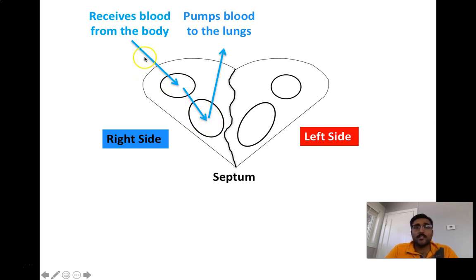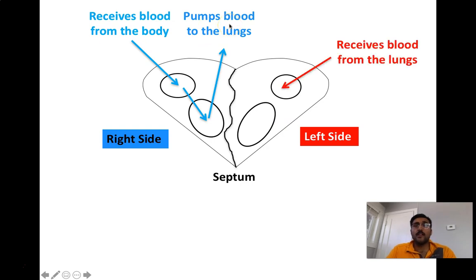This is deoxygenated blood currently, which is why I've drawn it in blue. The blue arrows signify deoxygenated blood that's been received from the body after the body has received all the oxygenated blood. This blood returns to the heart, enters these two chambers, and leaves the heart as deoxygenated blood, where it goes to the lungs to get oxygen.